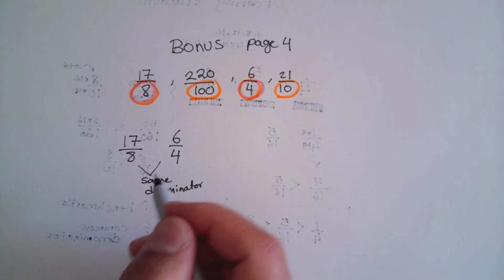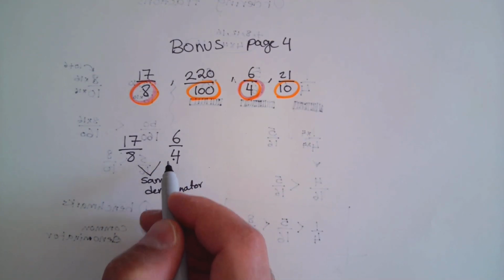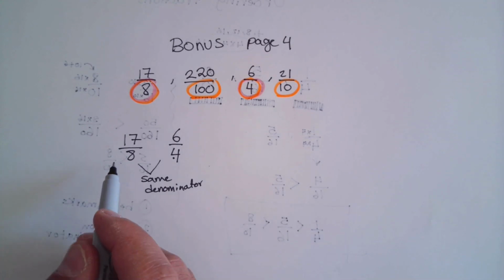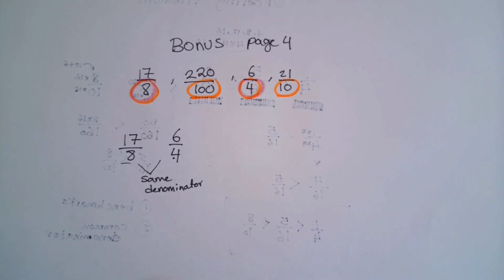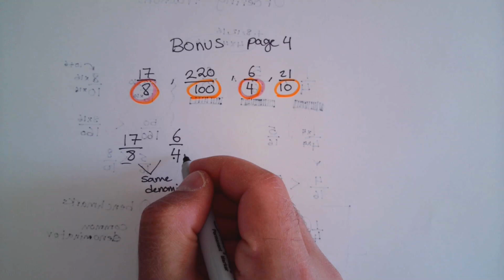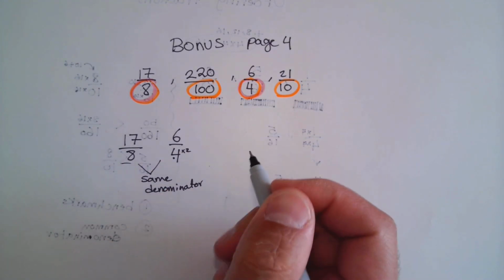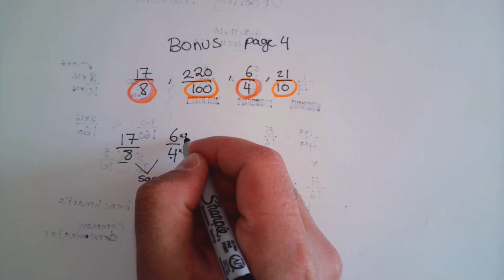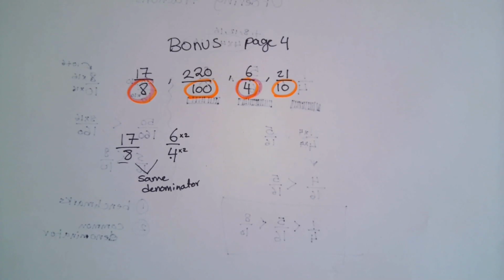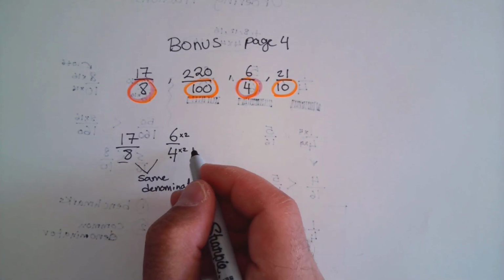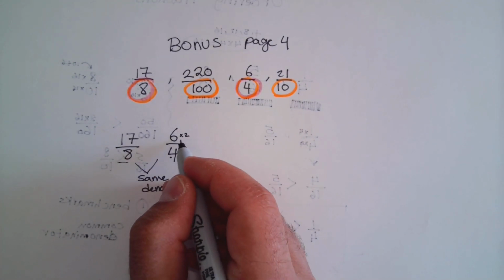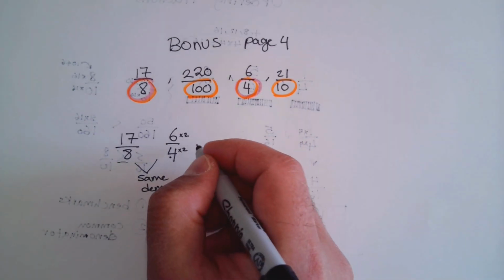So I'm going to look at the 4 and see how many multiples of 4 can give me an 8. So that's 2. 2 times 4 gives me 8. So I'm going to partition each fourth into 2 parts. So that means I'm multiplying the 6 by 2 and the 4 by 2.